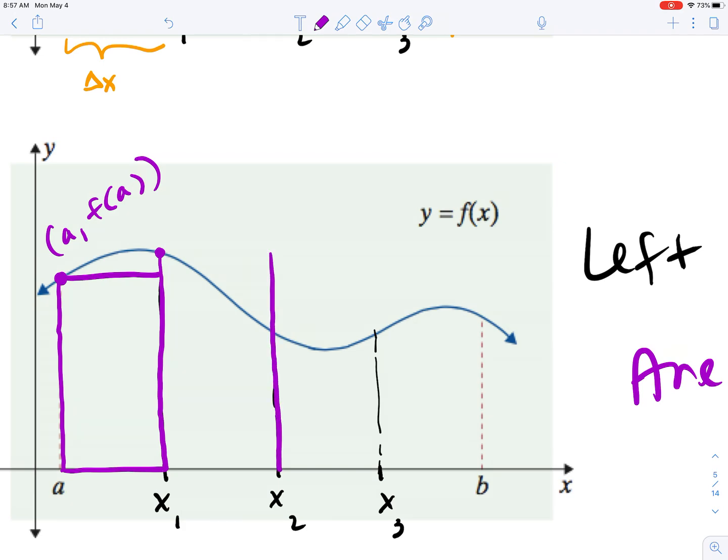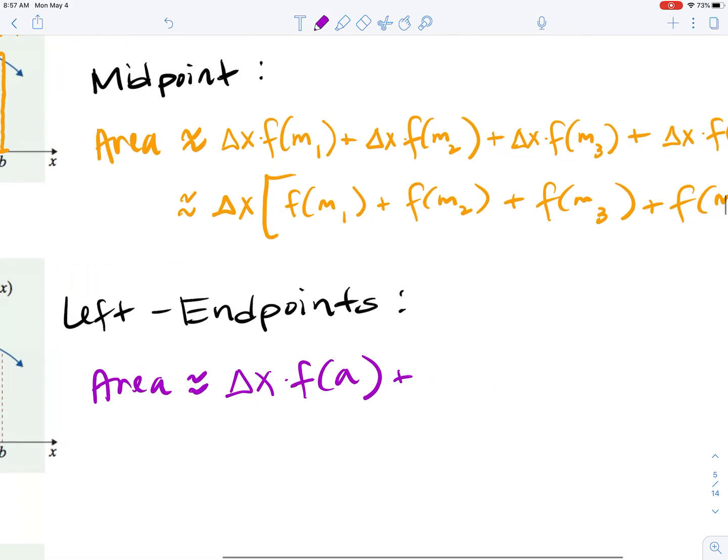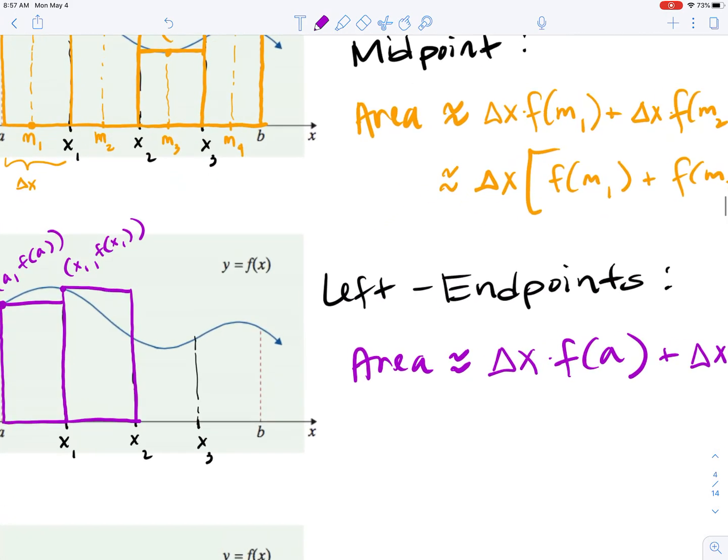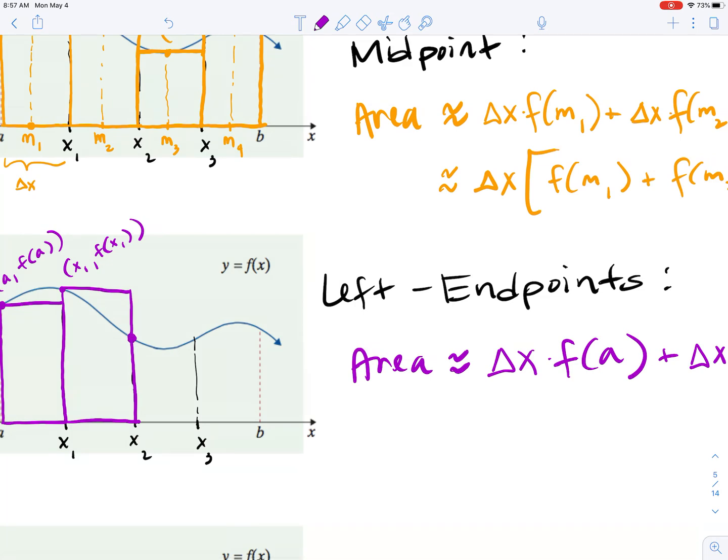And then the next rectangle would have a height of f of x sub 1. I'm using the left endpoint of that next subinterval. So that point is x sub 1 comma f of x sub 1. So the area of the second rectangle is delta x times f of x sub 1.